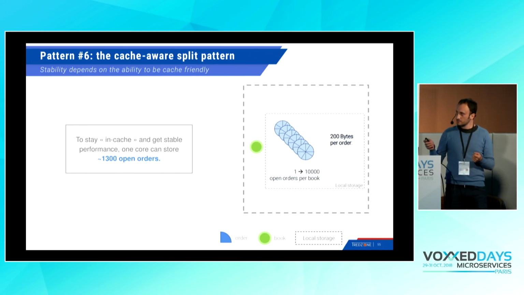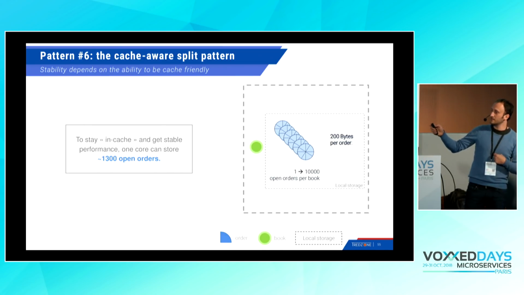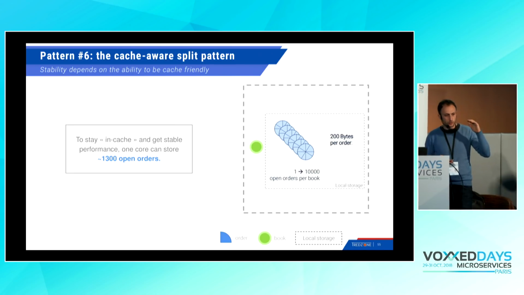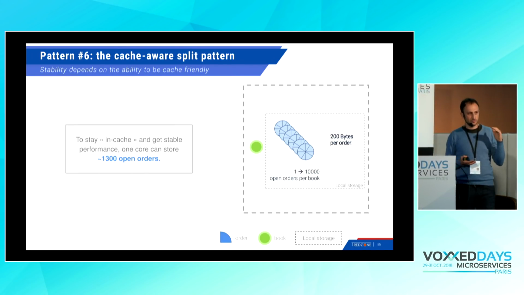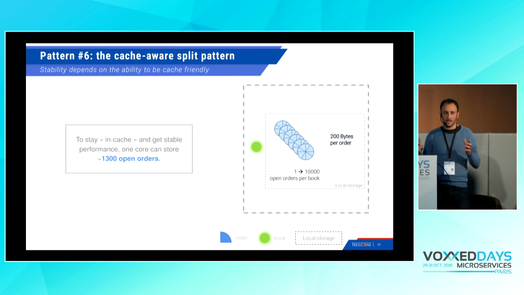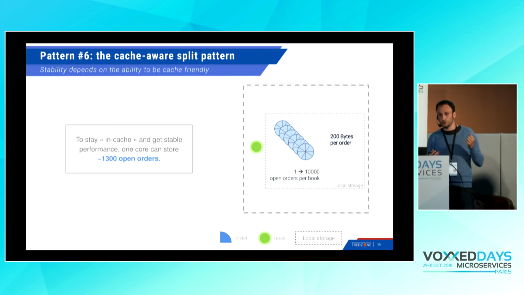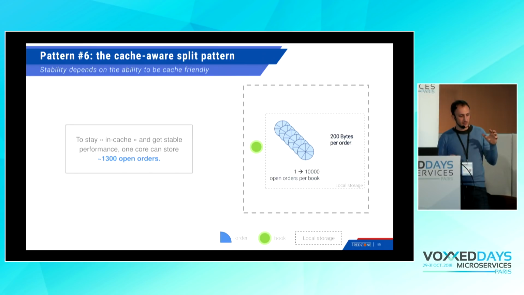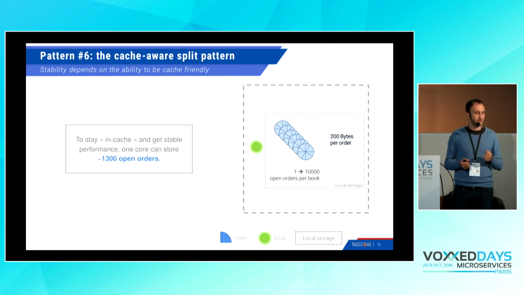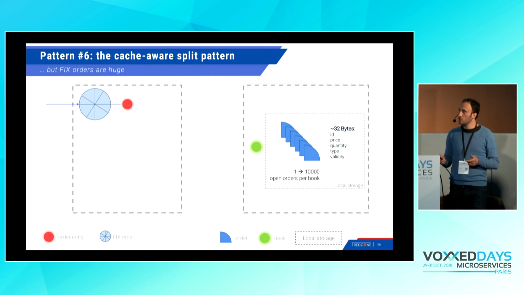So here is this example. As a stock exchange, I need to store all orders of my clients. If I had to store every FIX order, it would cost a lot, and I would decrease a lot in terms of performance. So what should I do?